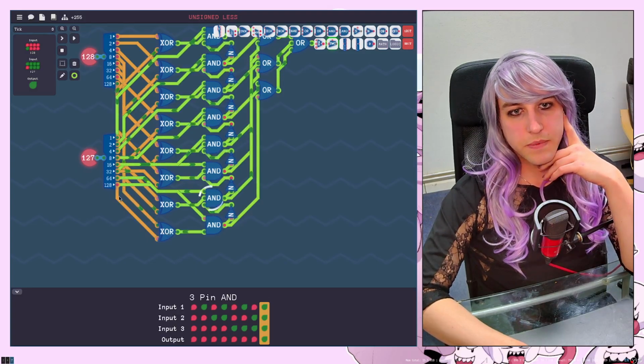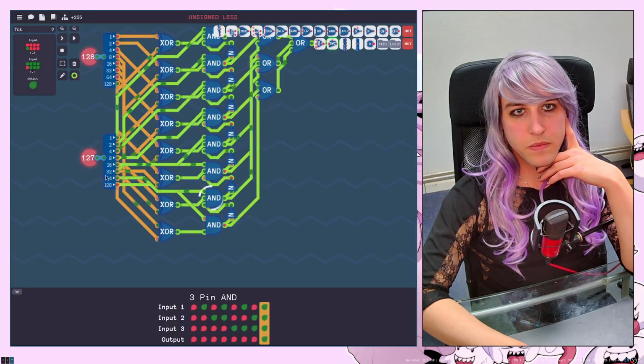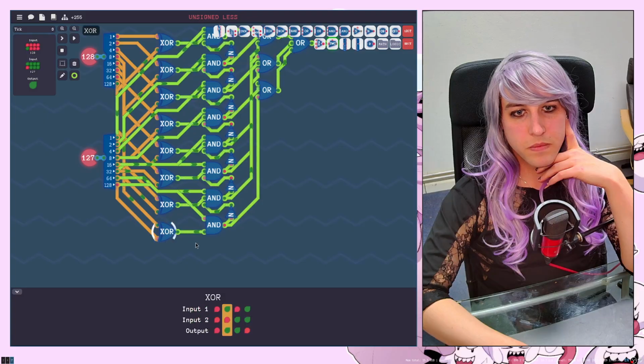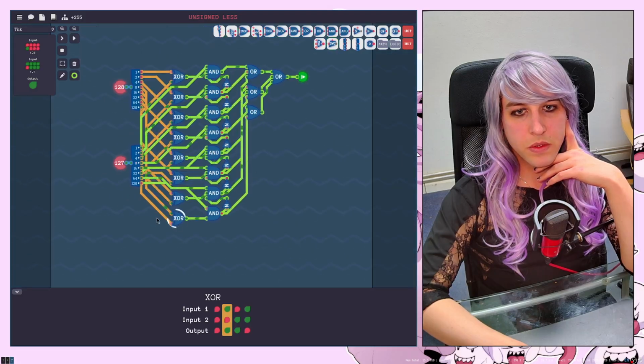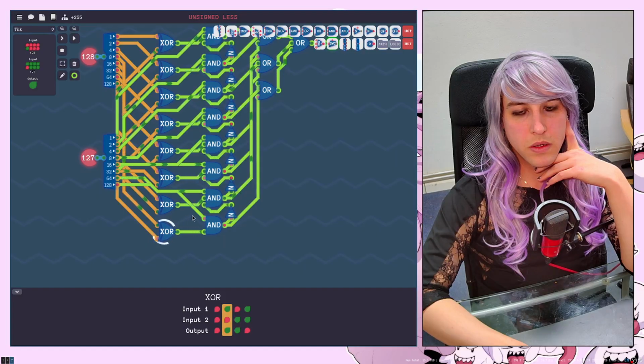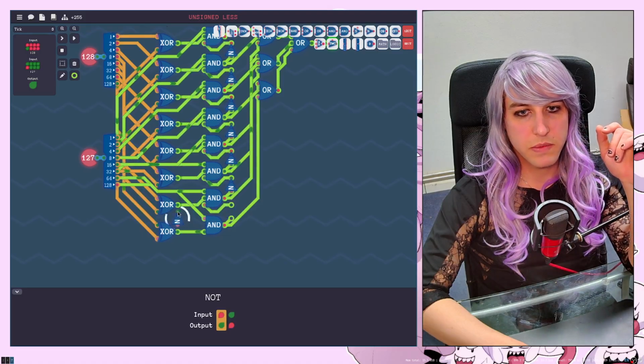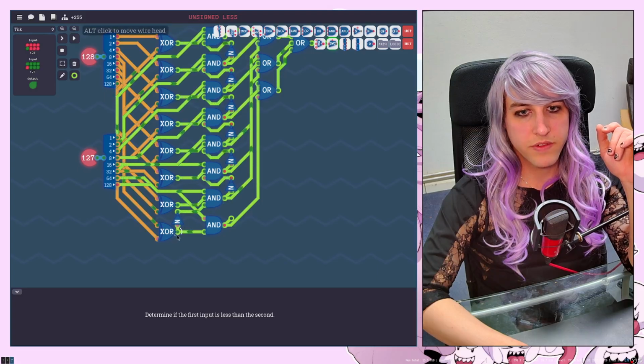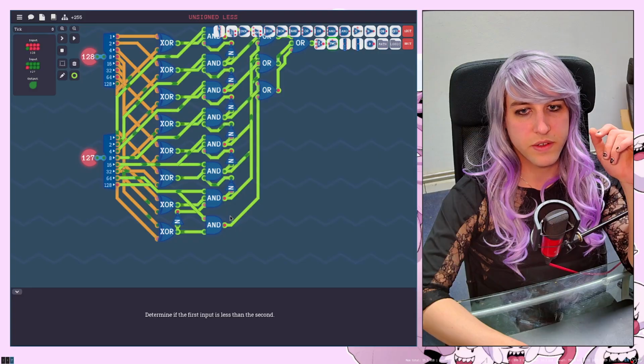Wait a second, let me think. Like these two differ, right? That means that this one is the place where we determine which bit is greater. So only if this is not the case. Let's see if this makes a difference. Only if this is not the case, if these two don't differ, right?